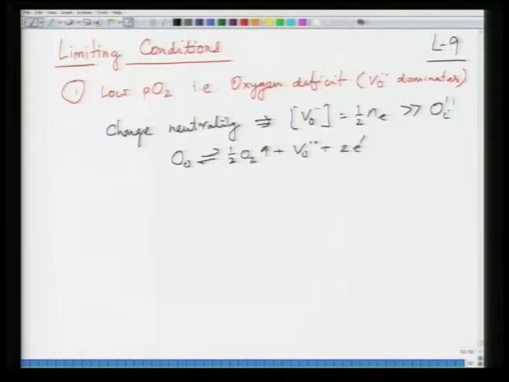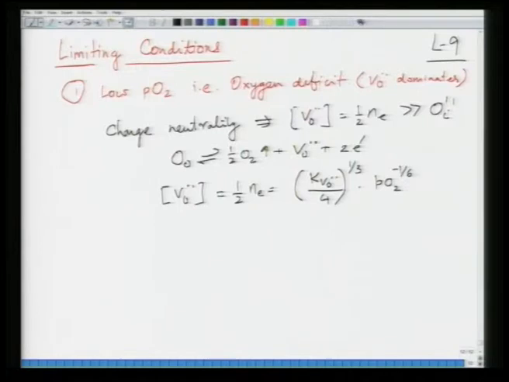For this reaction you can work out yourself, VO, which is half Ne, will be equal to KVO divided by 4 to the power 1 by 3 into PO2 to the power minus 1 by 6. So, this was the expression for VO.